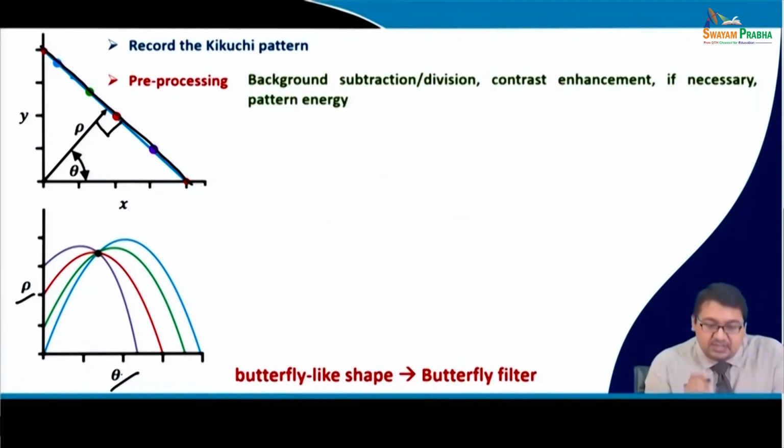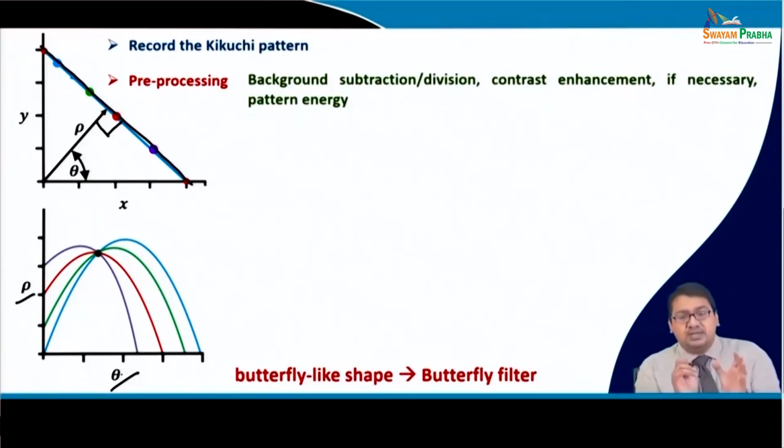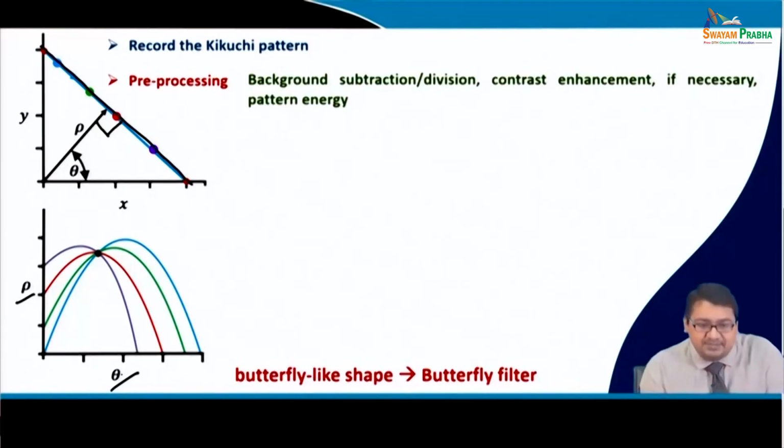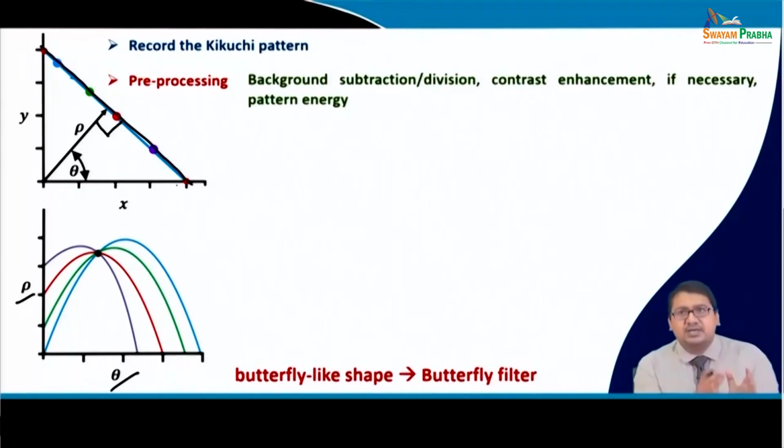Now, this Hough space is obtained in such a way that, as I said, a line in a Kikuchi pattern is transformed into a point in a Hough space.